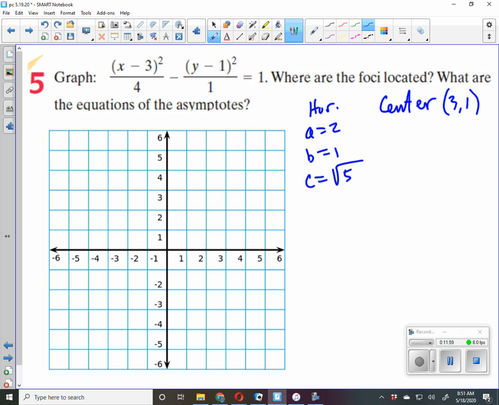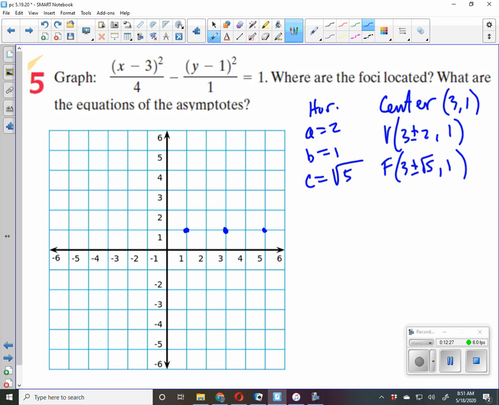So that moves everything over here, 3, 1. That's my center. Since this is horizontal, then my vertices go 2 to the right, 2 to the left. Vertices are going to be 3 plus or minus 2 comma 1. Foci are going to be 3 plus or minus the square root of 5 comma 1.